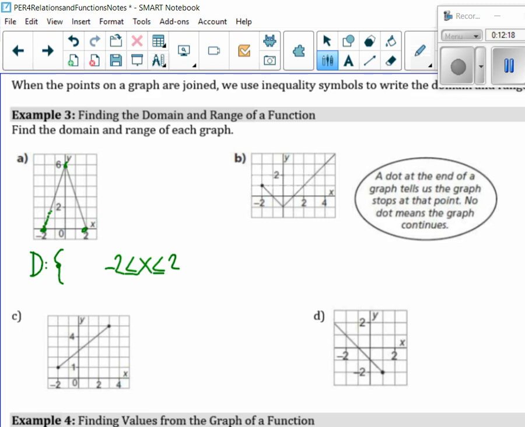Now the correct way to actually do the domain is you actually have to tell me what x represents. And that's where you're supposed to say x is an element of the reals. So you go x, and then you do this fancy E that looks like a curved E. It looks like a sideways U with a slash through it.